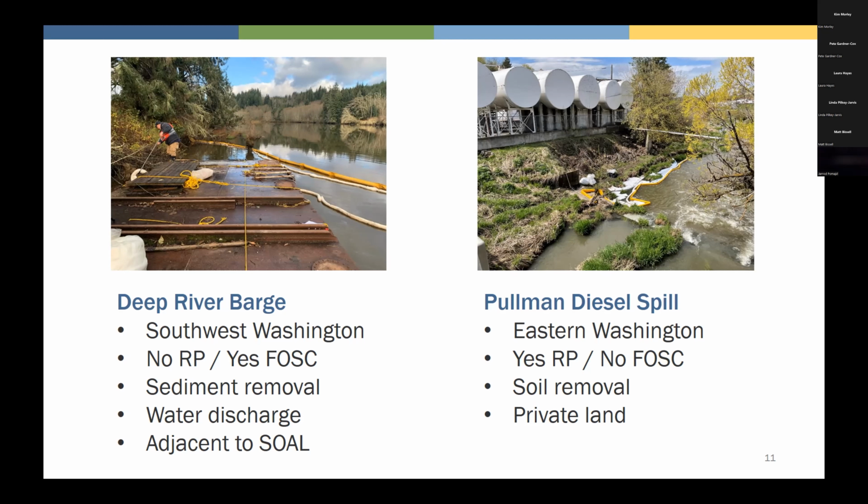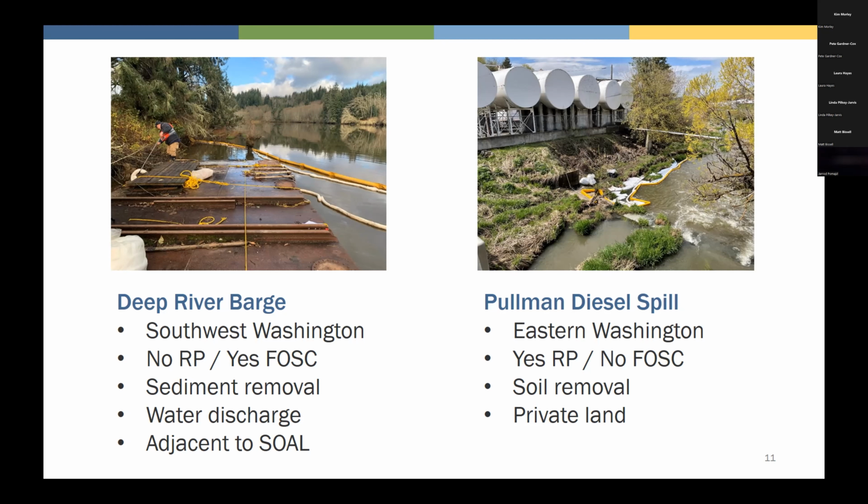So you might be dealing with different people from the Army Corps or different people from within Ecology, Eastern region versus Western region, and those regions can have different flavors and different characters working within them. Deep River barge, there was no responsible party, but there was an FOSC. Pullman spill, there was a very responsible party, but there was no federal on-scene coordinator.